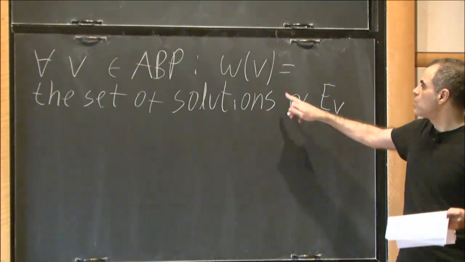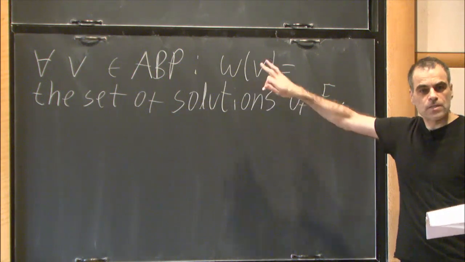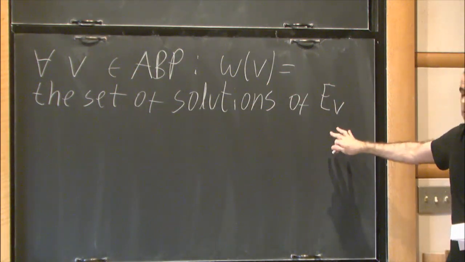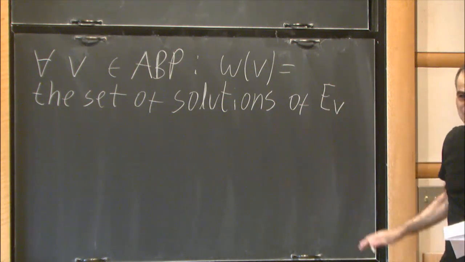The dimension of W_V is n minus the dimension of E_V.